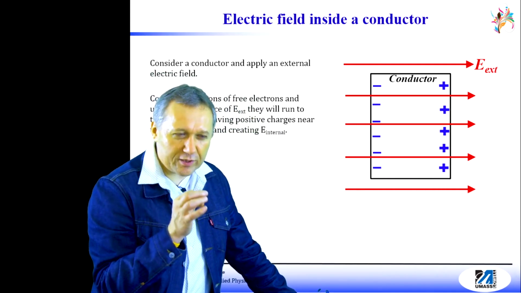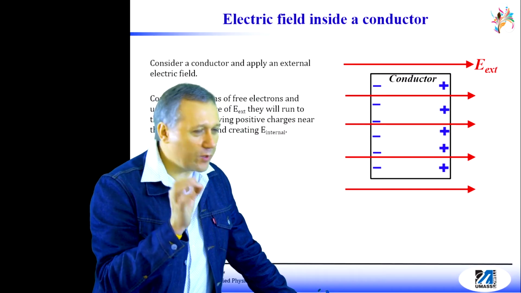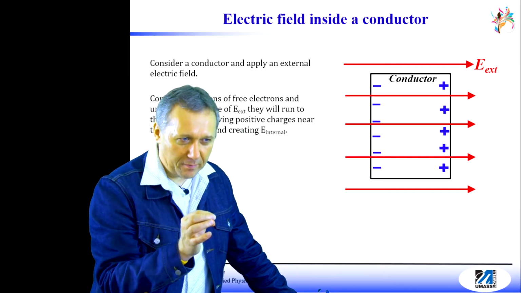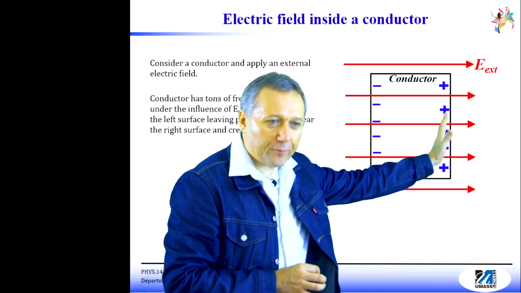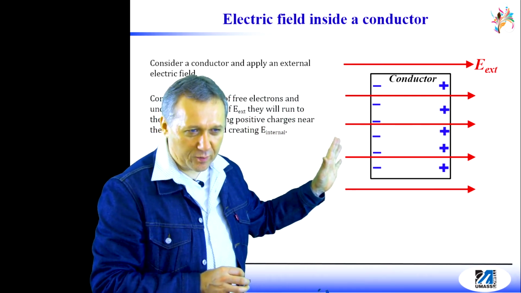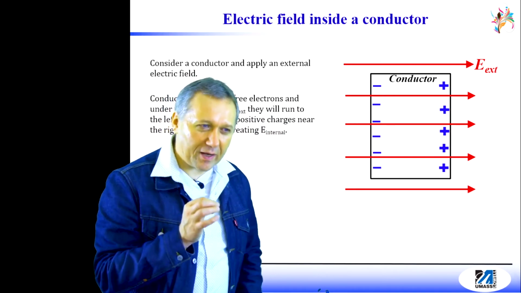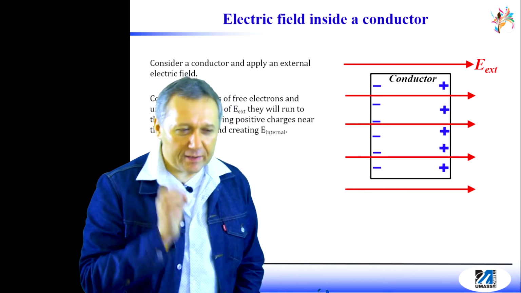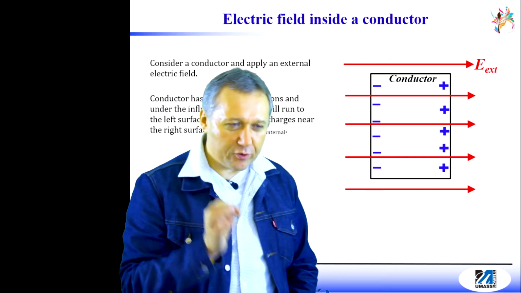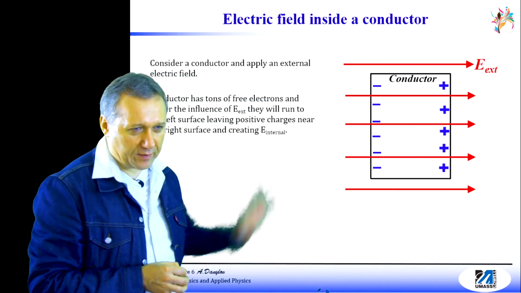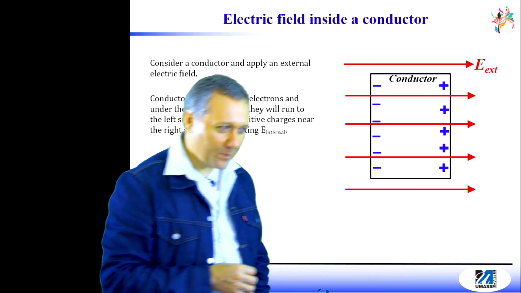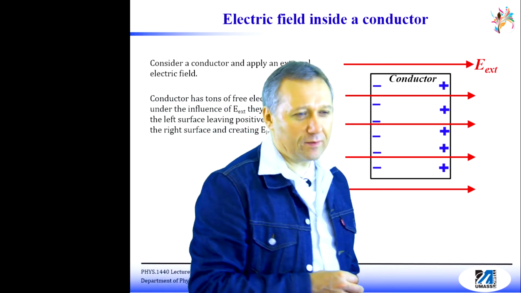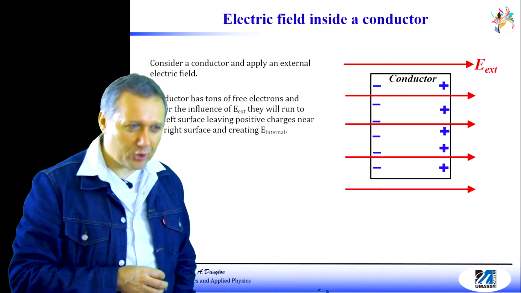The question is slightly deeper. It is about the mechanism which is going to stop electrons from moving to this side of the conductor. At which moment are electrons going to stop drifting to this side, leaving behind positive charges? Some students know that, some don't, and it's normal.